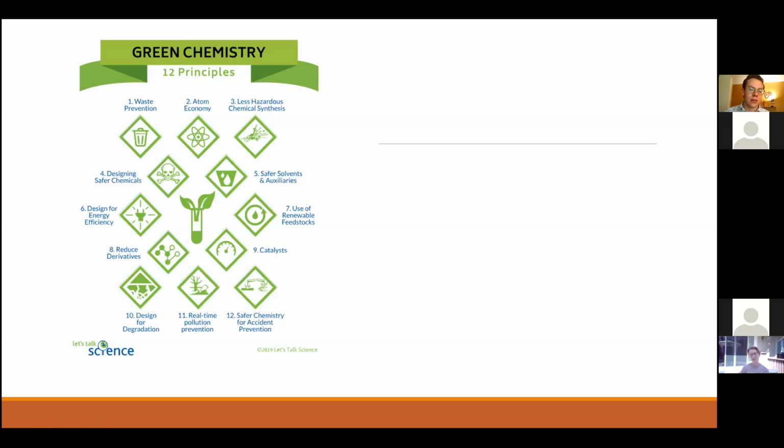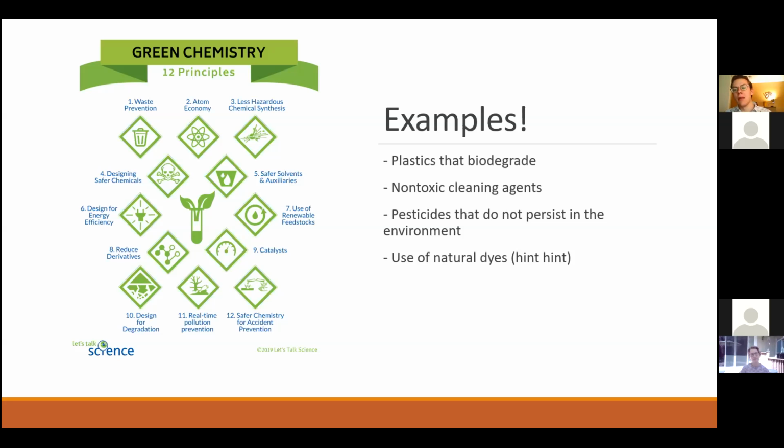So they could have only used a method that used safer solvents or something, and call it a green method, which just makes green chemistry that much more broad, which can be a good thing. But to give you some examples of the products of green chemistry, we have things such as biodegradable plastics. That's a great thing. Non-toxic cleaning agents, or pesticides that don't persist in the environment, which helps soil health, or even the use of natural dyes, which I have strongly hinted is where I'm going with this.